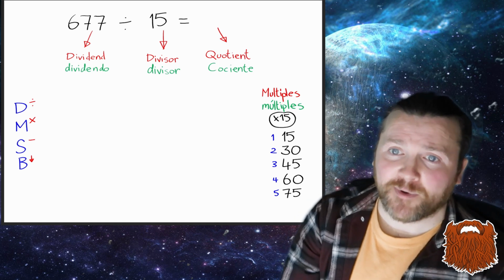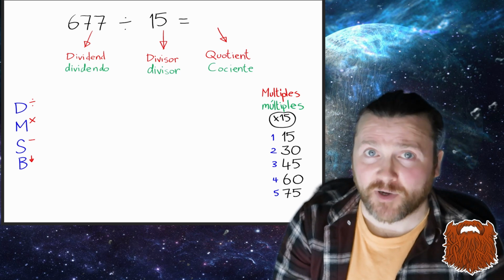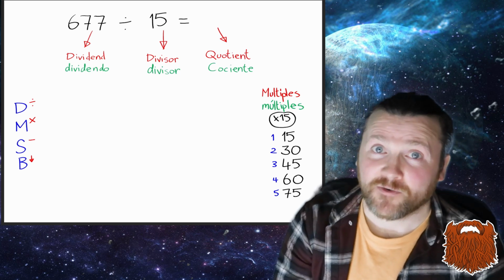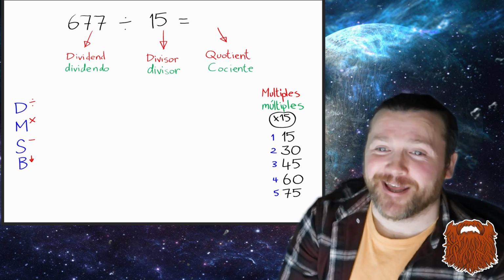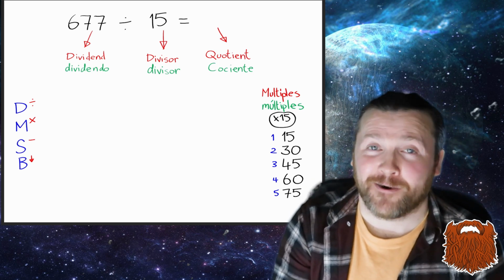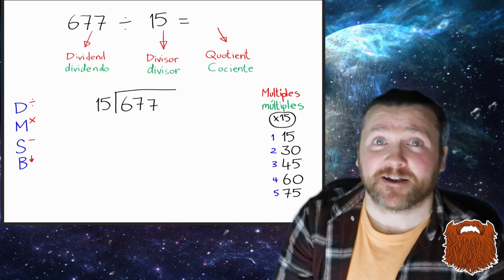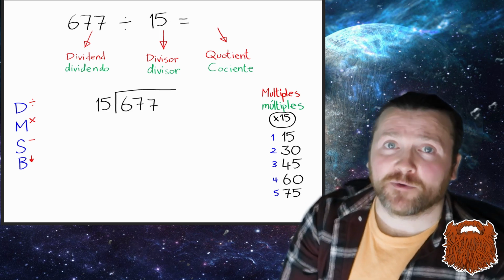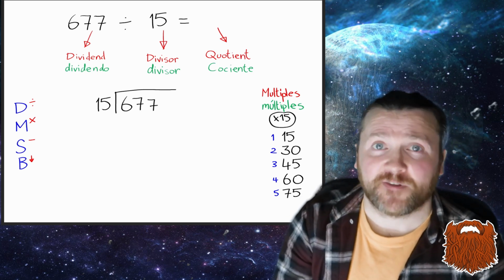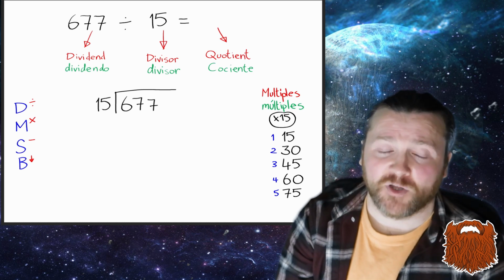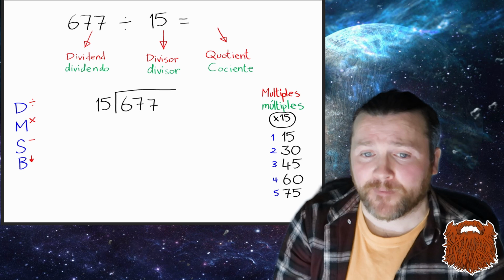So dividir, divide, multiplicar, multiply, restar, subtraction, and mover hacia abajo, so bring down. Okay, and let's start again. First thing we do, will the divisor go into the first number? Will 15 go into 6? No, so we're not going to start our steps yet. We draw a little asterisk.